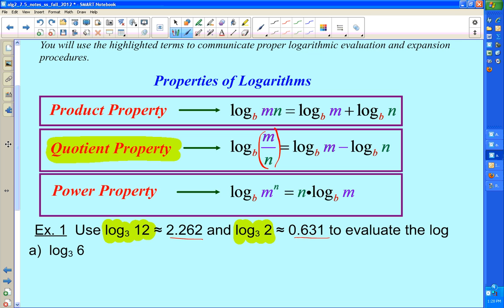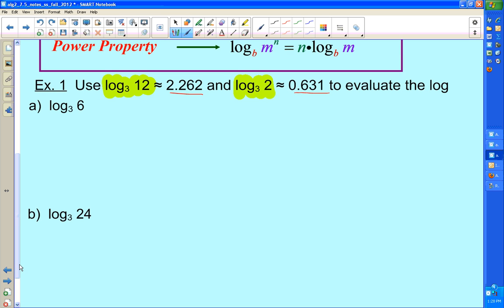What should it be? Log base 3 of 12 divided by 2. We're going to change log base 3 of 6 into log base 3 of 12 over 2. How does that help us?